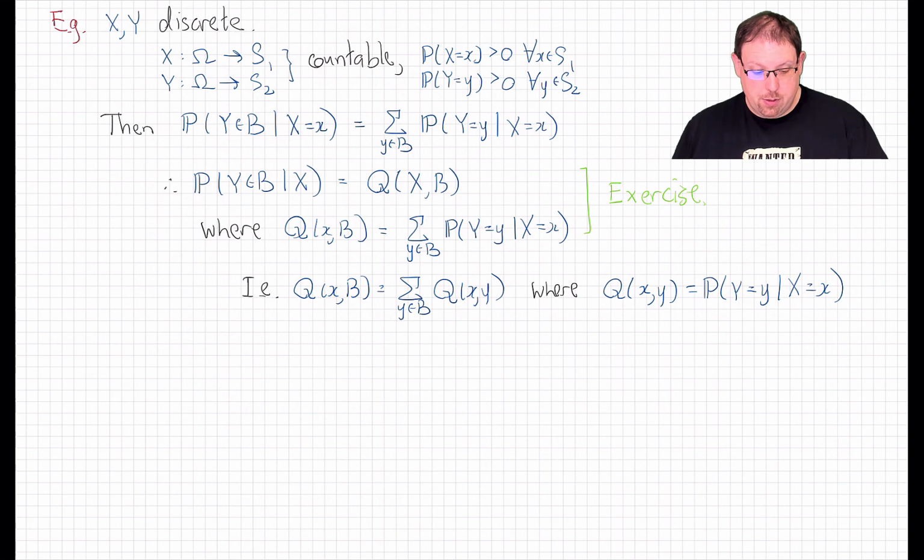But I do want to conclude by making a few comments about how very confusing this notation can be.